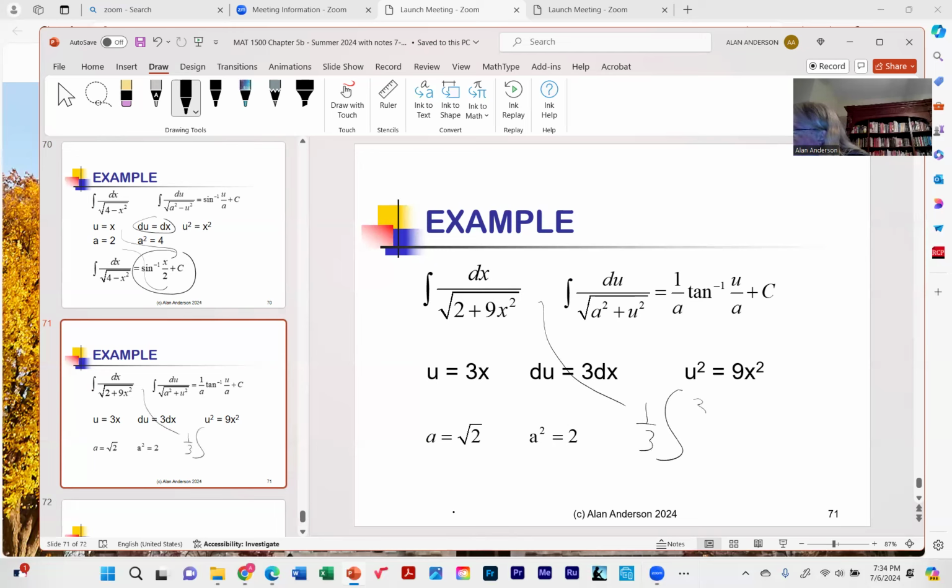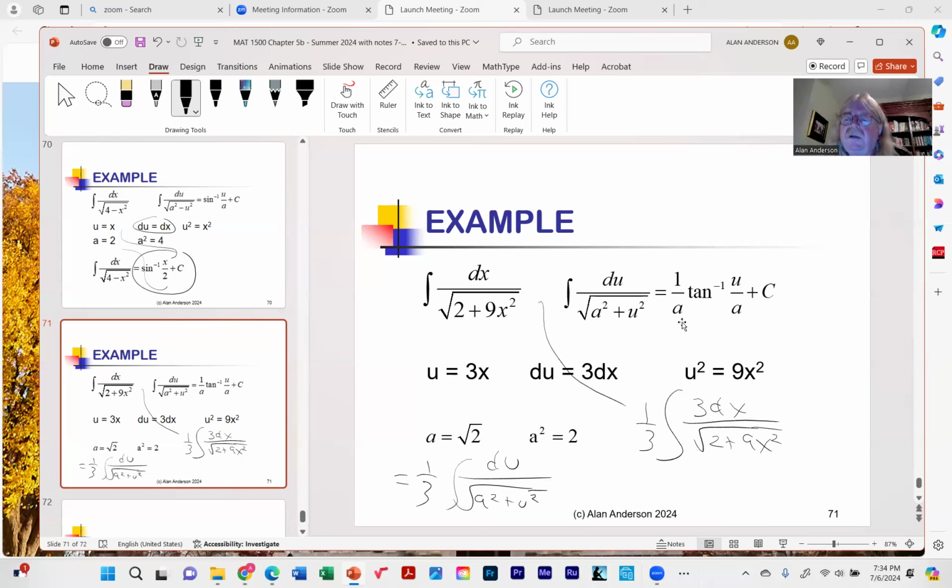We have to supply that constant. And then we're good. Okay, now we're all set because we have du over radical a squared plus u squared. And that's going to lead us to an arctan.